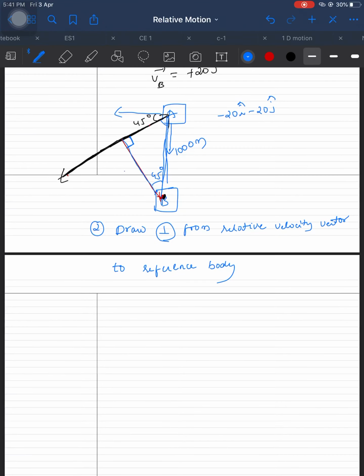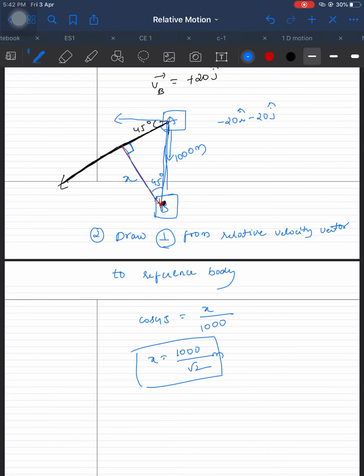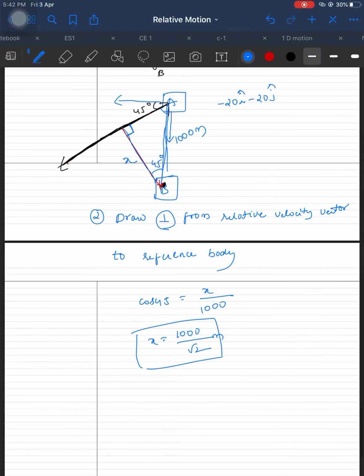Cos 45 is equal to x over 1000, where x is the minimum distance. So x is equal to 1000 by root 2, or 500 root 2. This is the minimum distance between A and B.